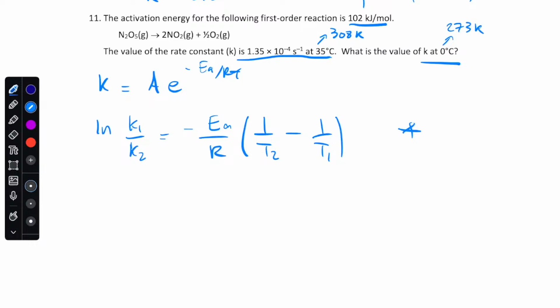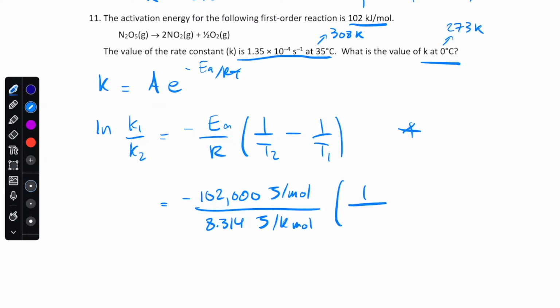All right, so let's do some math here. We could say that ln K2 over K1 is minus 102,000 joules per mole divided by 8.314 joules per kelvin mole times 1 over 273K minus 1 over 308K.